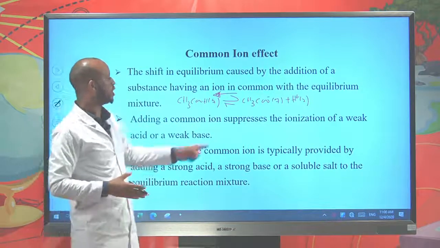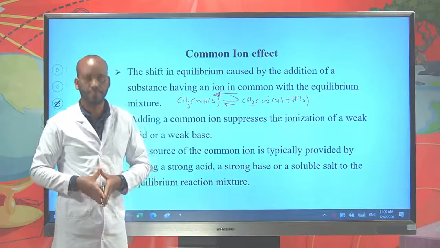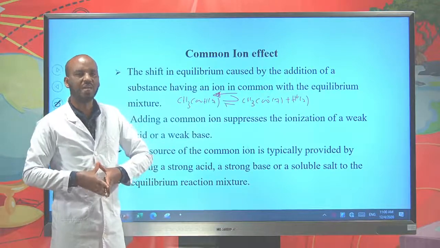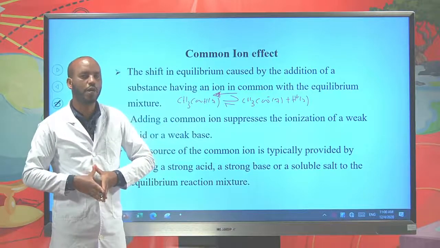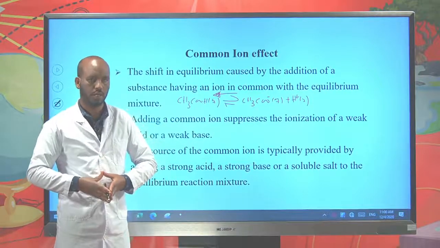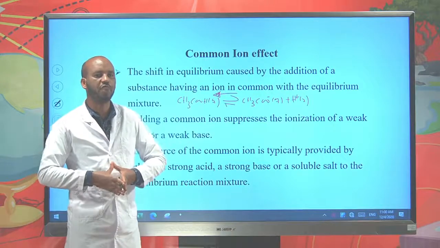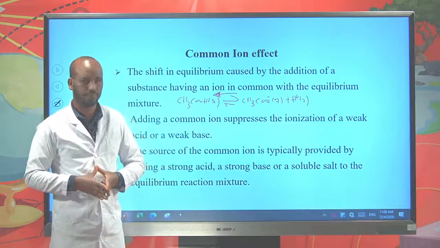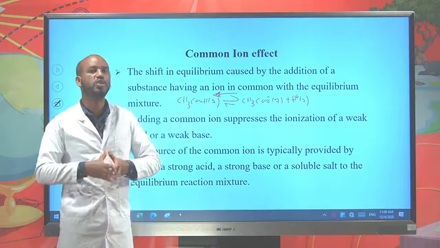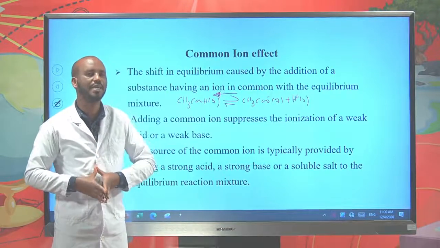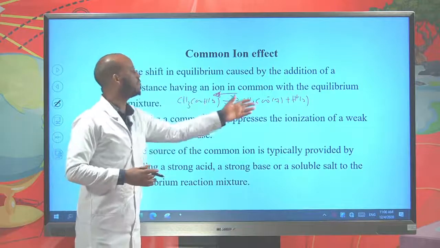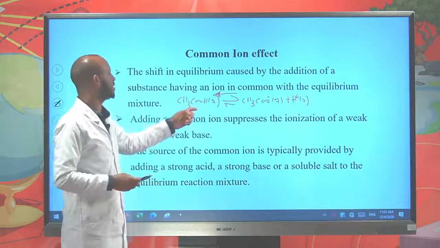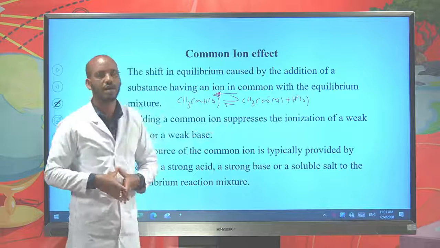Because according to Le Chatelier's principle, if a system at equilibrium is disturbed, then the system will shift its equilibrium position so as to counteract the effect of the disturbance. One of the disturbances mentioned by Le Chatelier's principle is addition or removal of reactants or products.